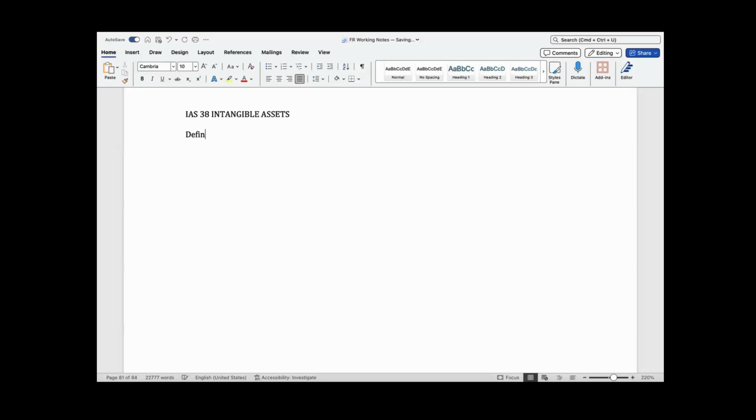So basically, today I would start with the definition of that asset. From that definition, I'll give you some examples just to put proper context to what we want to look at. Then I would look at how you recognize this asset, the recognition criteria for them.